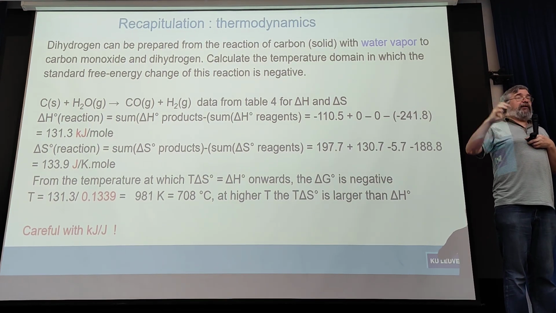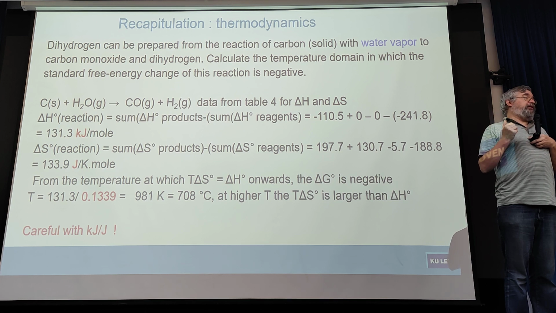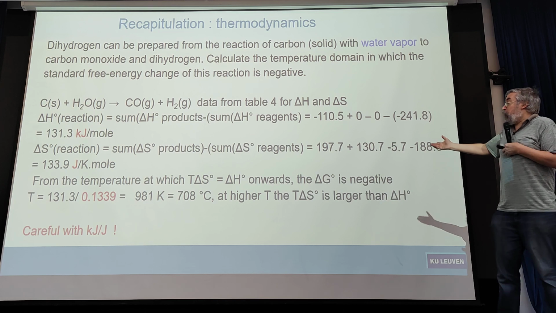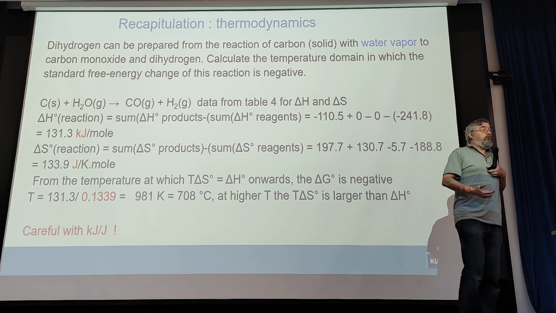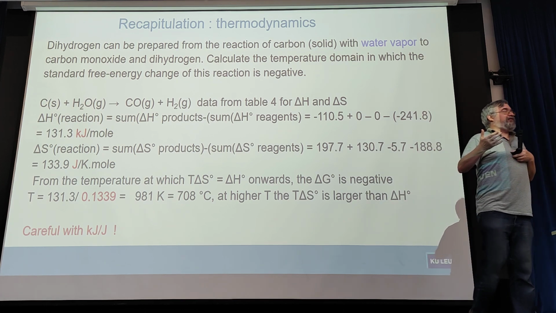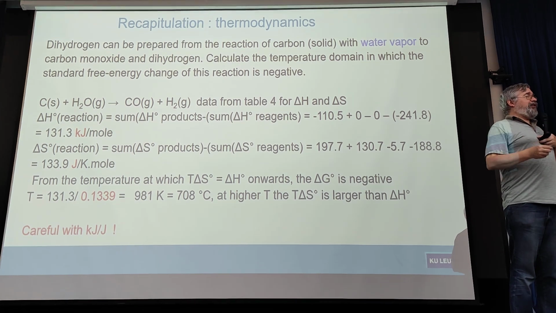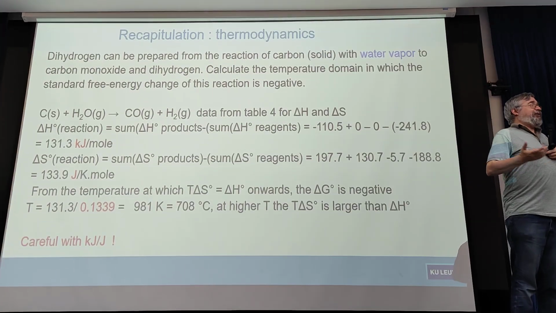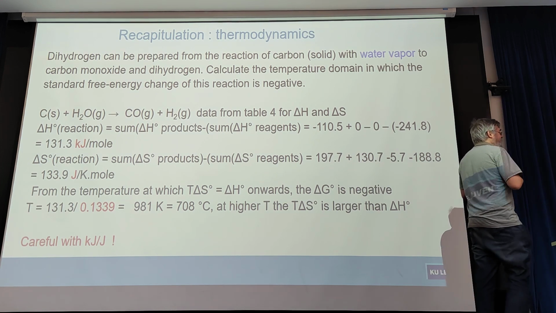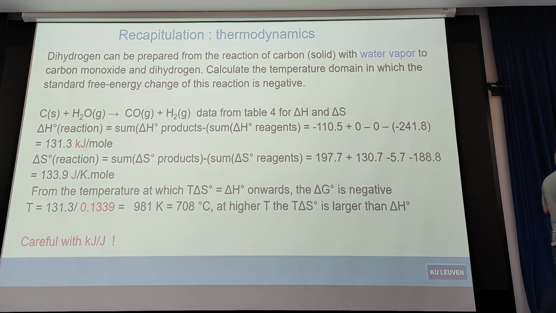And that's by matching the enthalpy and the entropy, by making the ratio of the two. That's what you have to know. And if it's 981 or 982, nobody really cares. And I hope that if the teaching assistants correct your exam, that they will agree that this is the same. So that is not the point, I would say.